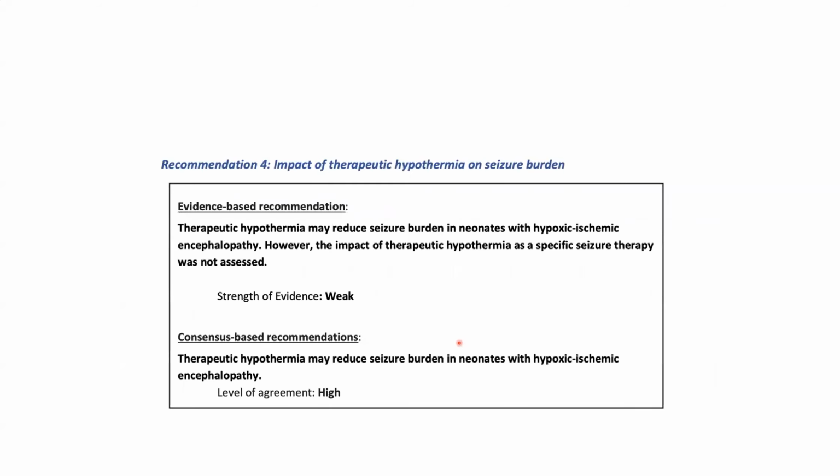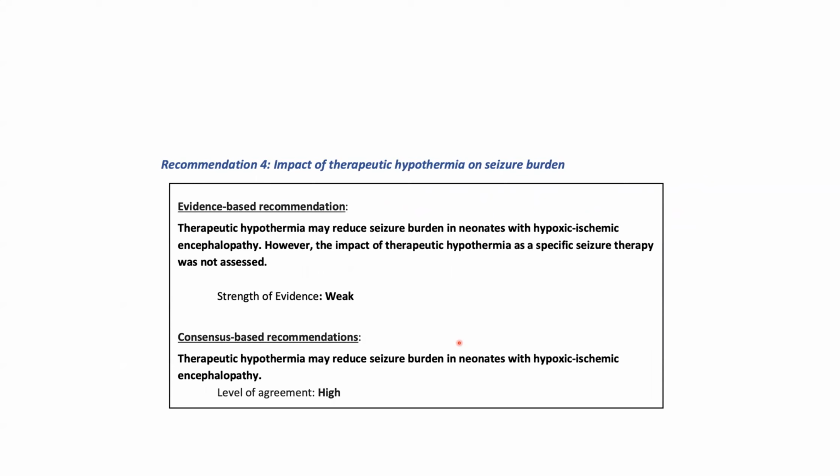So the fourth recommendation is on the impact of therapeutic hypothermia on seizure burden. Therapeutic hypothermia may reduce seizure burden in neonates with HIE, but the impact of this particular treatment modality as a treatment for seizures has not been assessed.